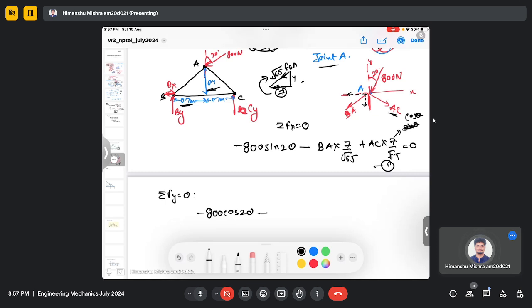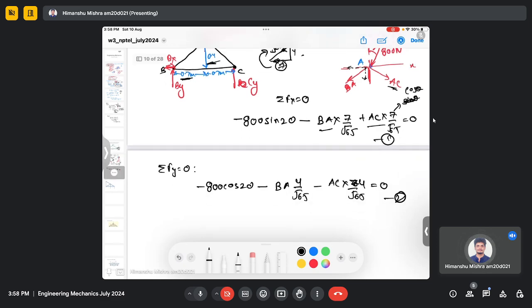So here it is BA 4 by root 65 and AC 4 by root 65, equal to 0. There are two unknowns, AB and AC, and two equations, so we don't need another equation to calculate the unknown forces in this joint. So we can simplify equation 2.